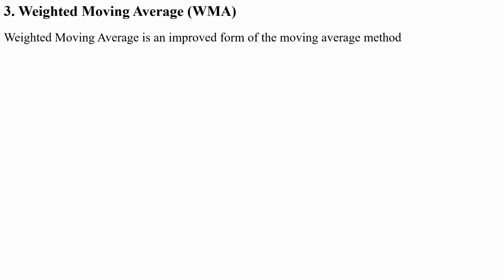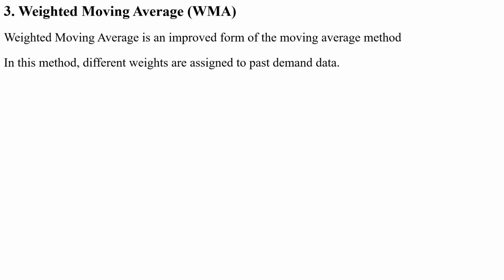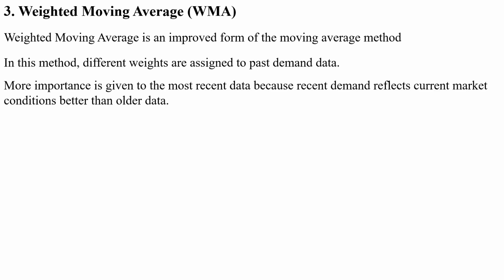Next we will discuss the weighted moving average. Weighted moving average is an improved form of the moving average method. In this method, different weights are assigned to past demand data. In the simple moving average, the same weight is given to all the demand data, but in the weighted moving average, different weights are assigned to the past demand data.